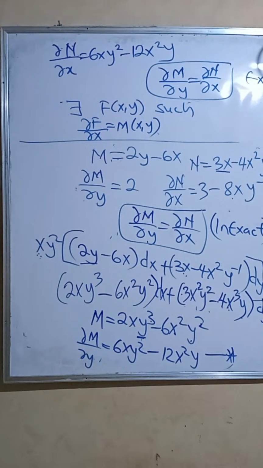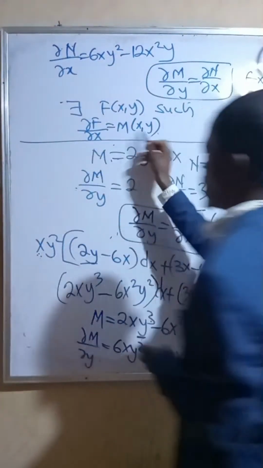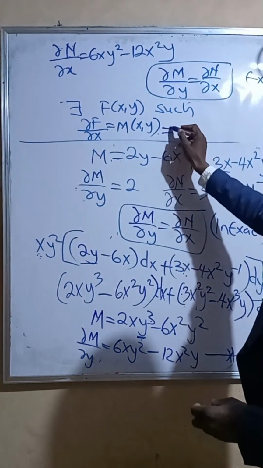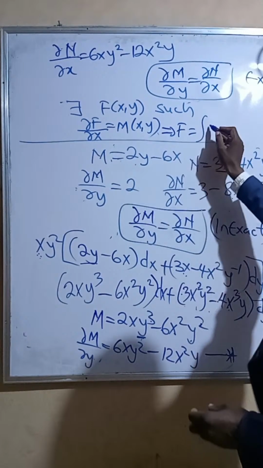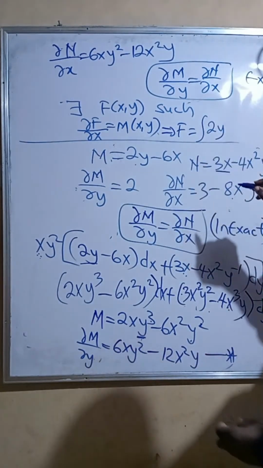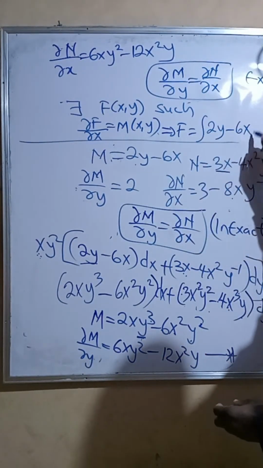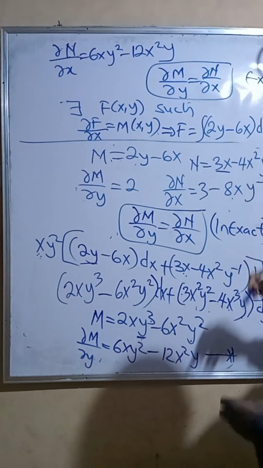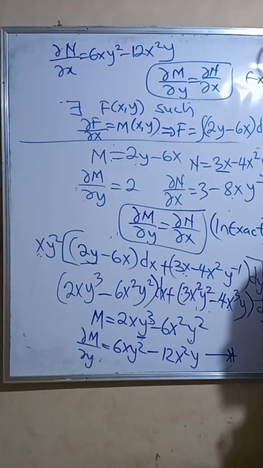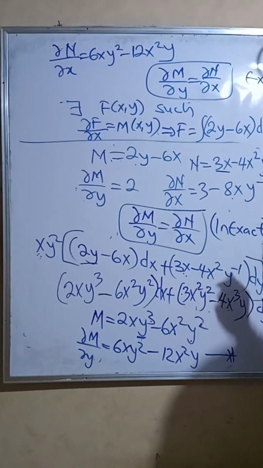So that's what we have there. So we can integrate the two sides. If you do that, we're going to have f equal to the integral of M, which is 2xy cubed minus 6x squared y squared, dx, either dx or partial differential or del x.